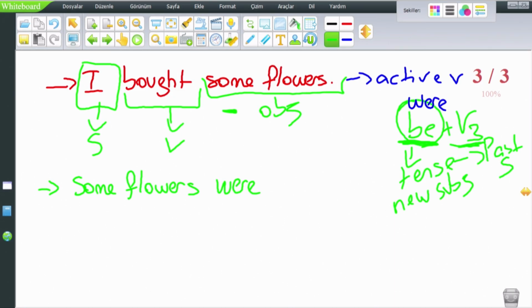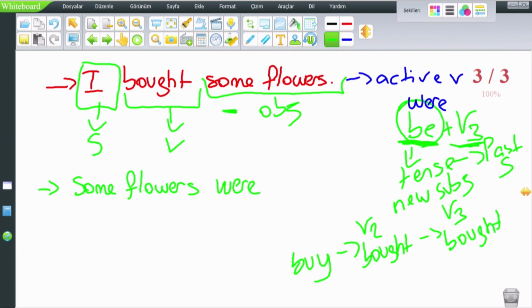Bought is verb 2 form of buy, which is an irregular verb. Also, the verb 3 form of this verb is again bought. So I will say some flowers were bought.